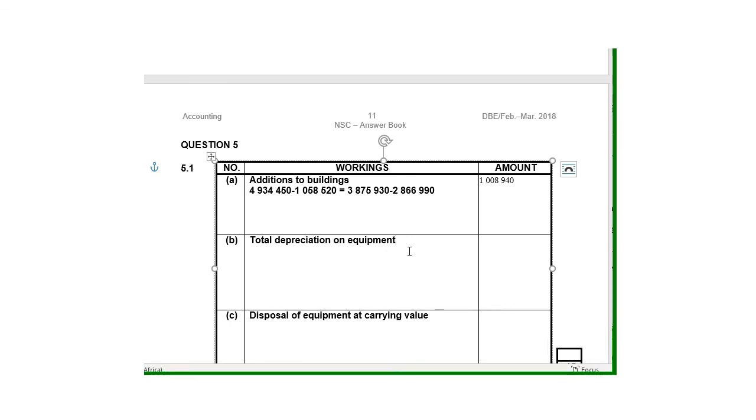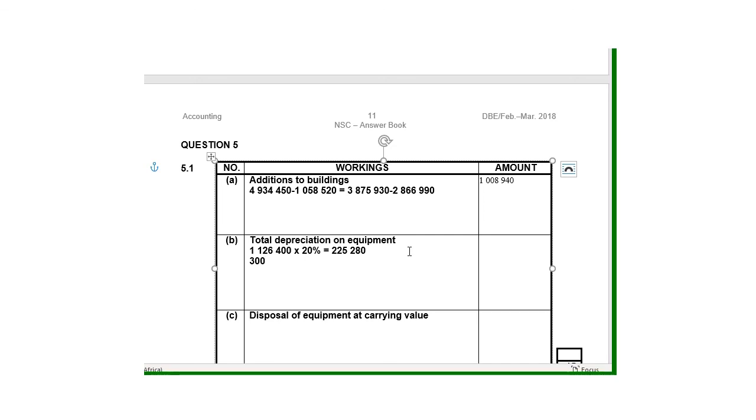So for equipment, what did I do? For the old and the sold, I took the 1,126,400 and I multiplied that by 20%. And that gave me 225,280.